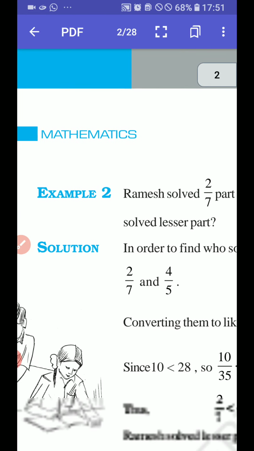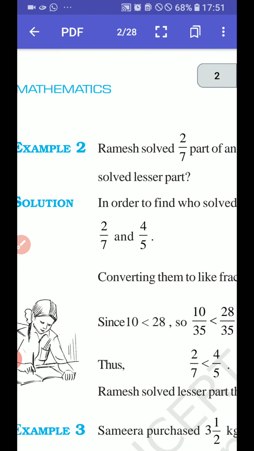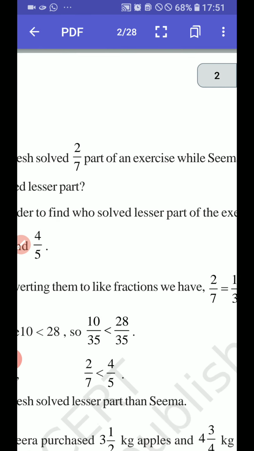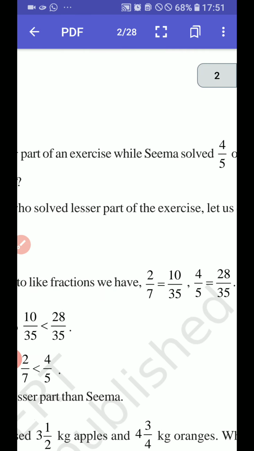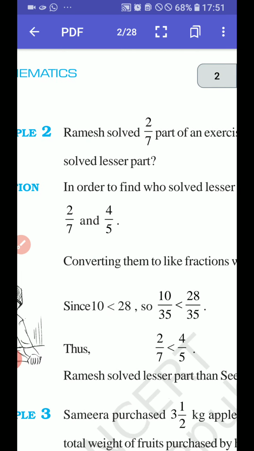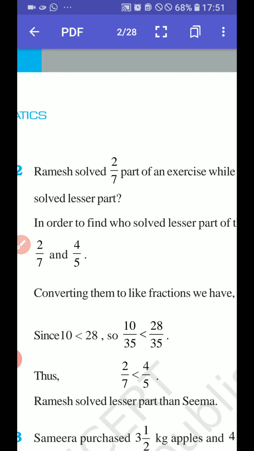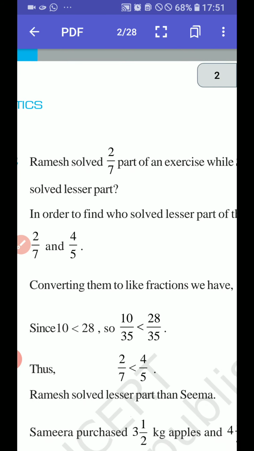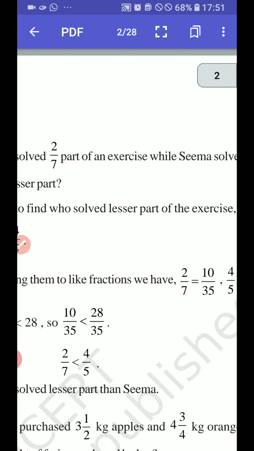Come to example number 2. Ramesh solved 2 by 7 part of an exercise while Seema solved 4 by 5 of it. Who solved the lesser part? My dear students, we can compare this only after converting these into like fractions. How will I convert into like fractions?